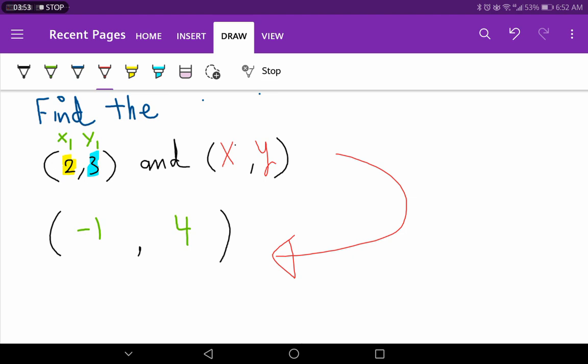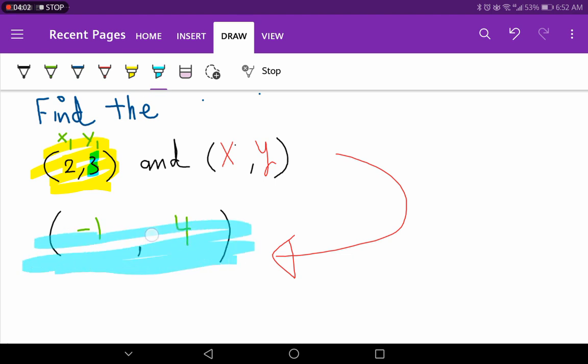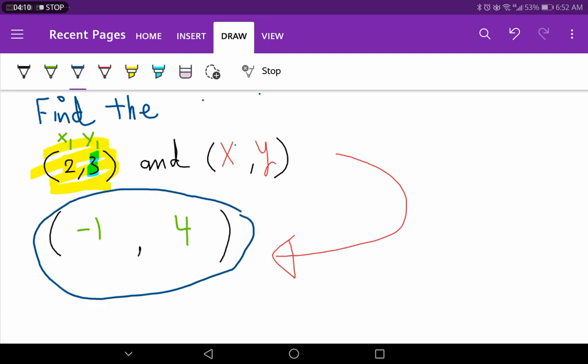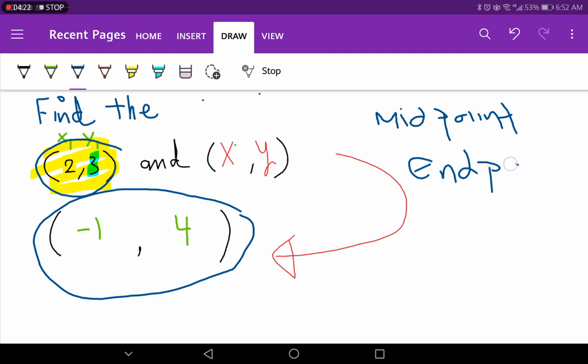We have done the first example. Now we go to the second idea from the midpoint, and it is important. Here one endpoint is given, and this one he said is a midpoint. So given here a midpoint and one endpoint, and he asks me about the second endpoint, this one.